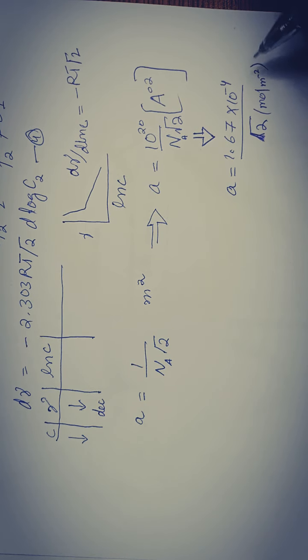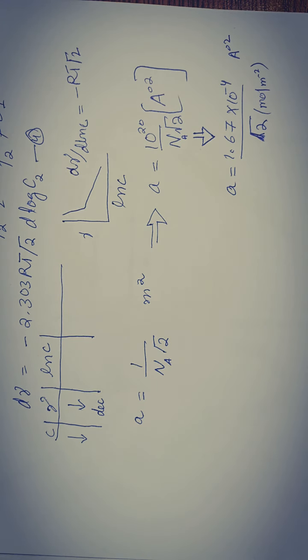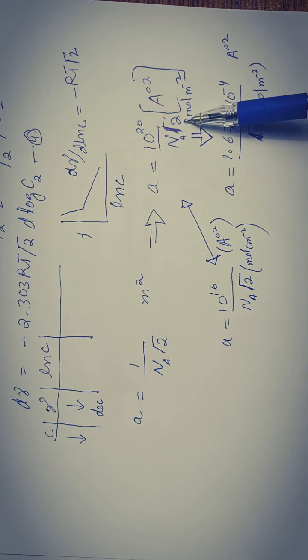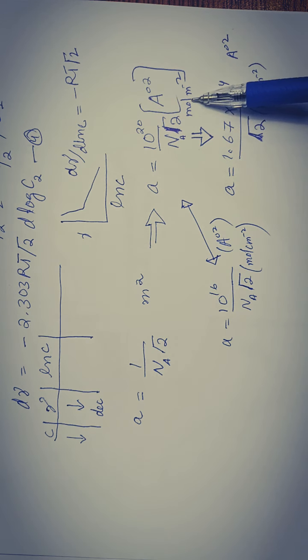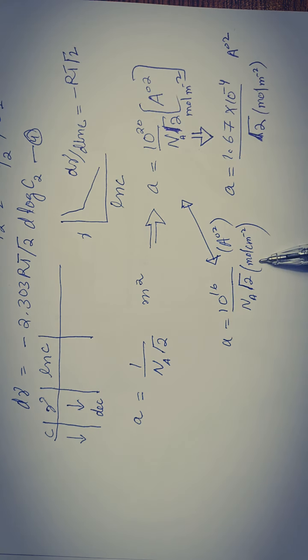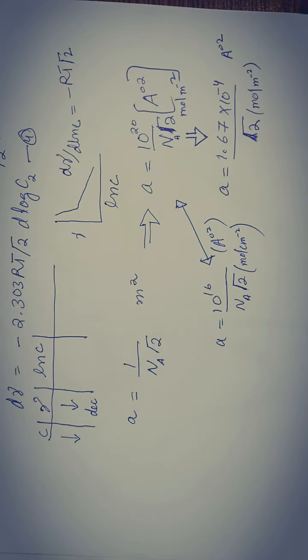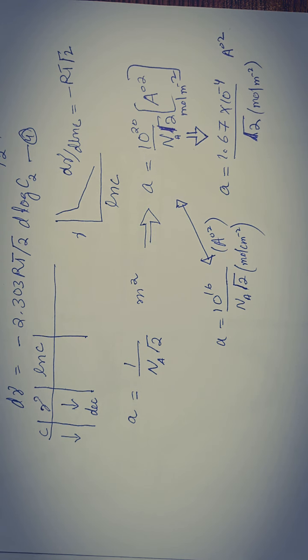So simply we can get this simplified formula to calculate the area of the surfactant in angstrom square. If the unit of the surface excess concentration is taken in mole per meter square, this formula will be used, and when it's taken in mole per centimeter square, then this formula will be used. So usually we get two kinds of surface areas of the surfactants.